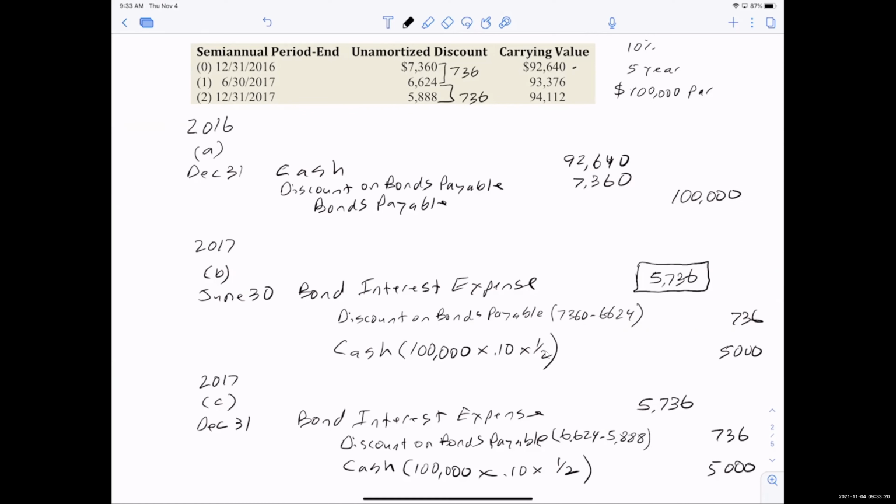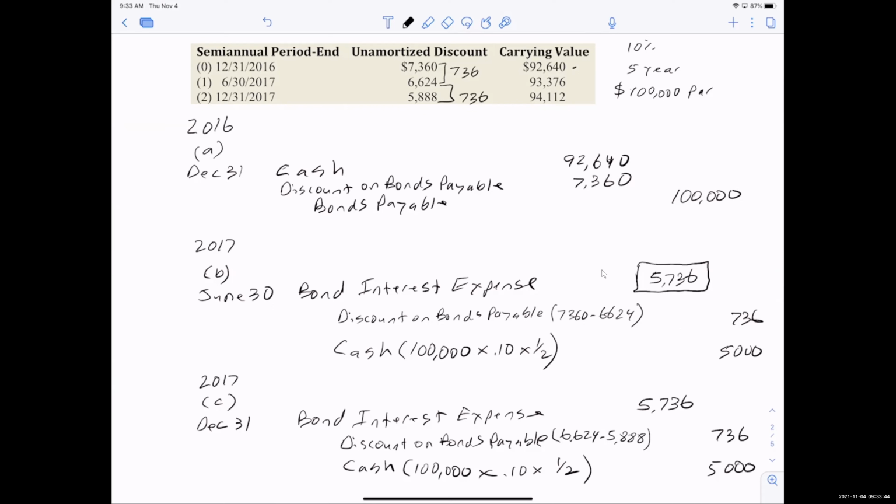So then if you know that the actual cash payment of interest is 5,000 and you're going to allocate the discount on bonds payable of 736, you're amortizing the bond discount. So the total amount of bond interest expense would be your interest payment plus the amortized bond discount.